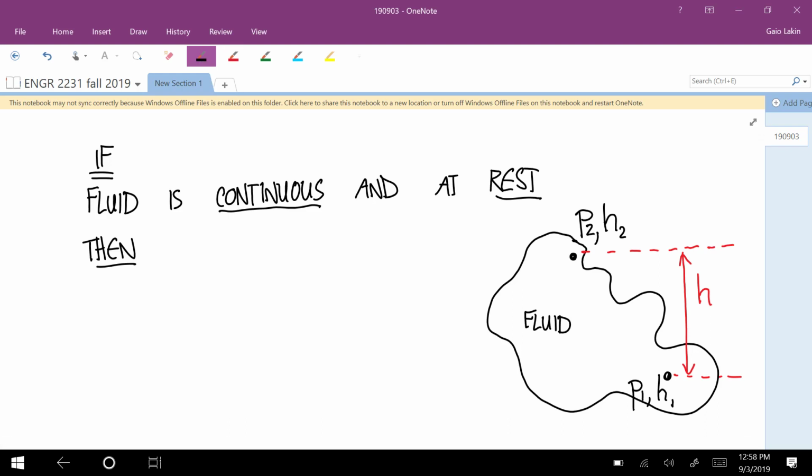And the difference in pressures, so pressure 1 minus pressure 2, is equal to the density of the fluid times 9.81 meters per second squared times h.